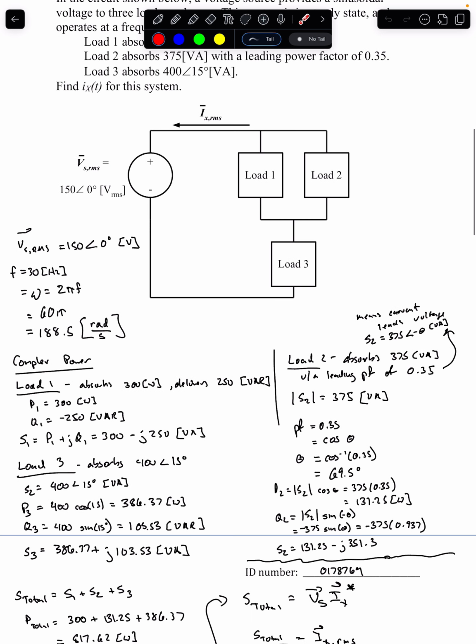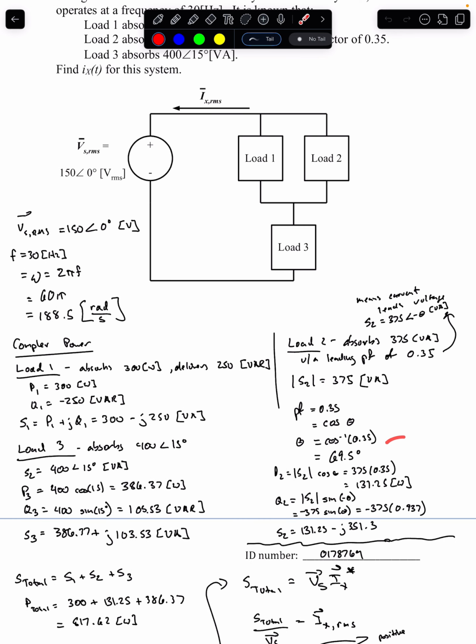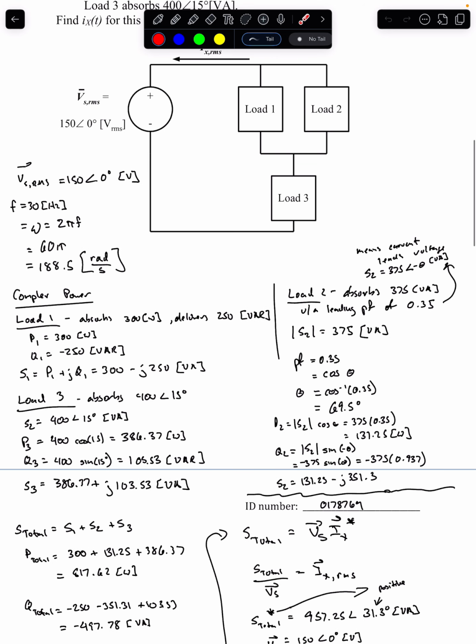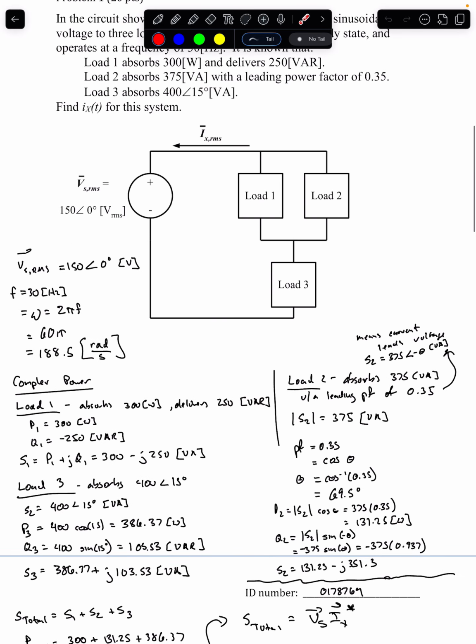We'll talk a little bit more about that in a bit. So with power factor 0.35, the inverse cosine gives you the actual angle of the power factor, 69.5 degrees. We know this from the formula table. The 375 volt-amps was actually given.